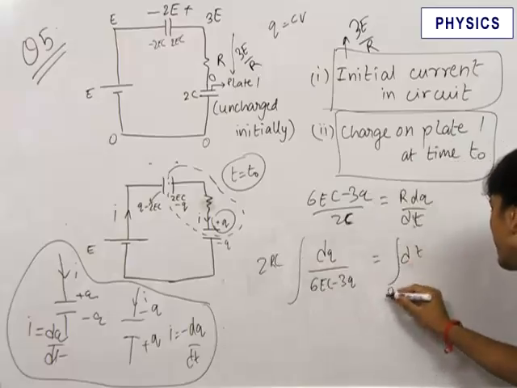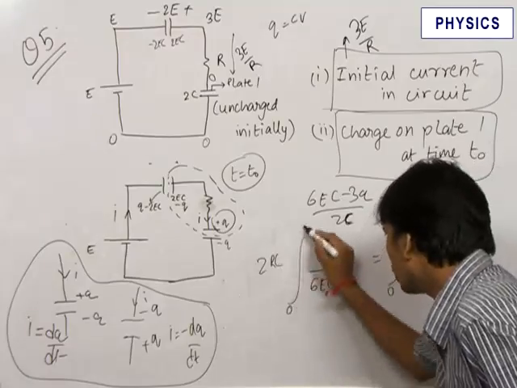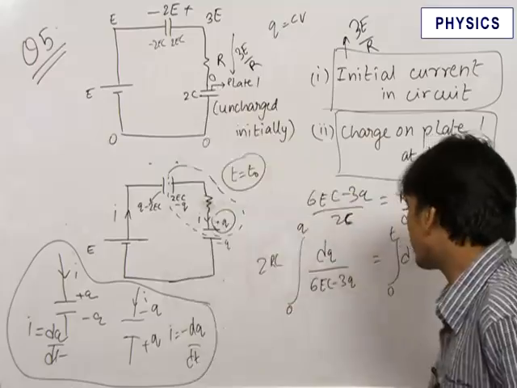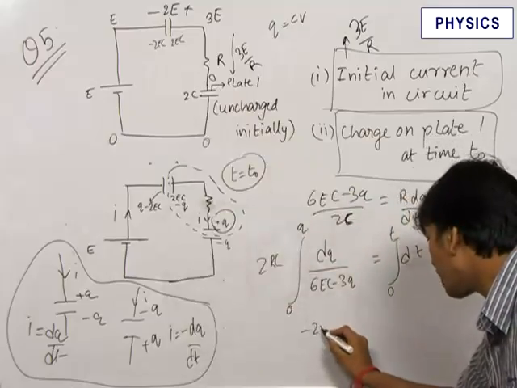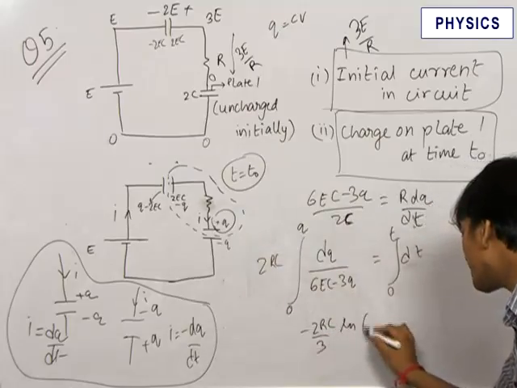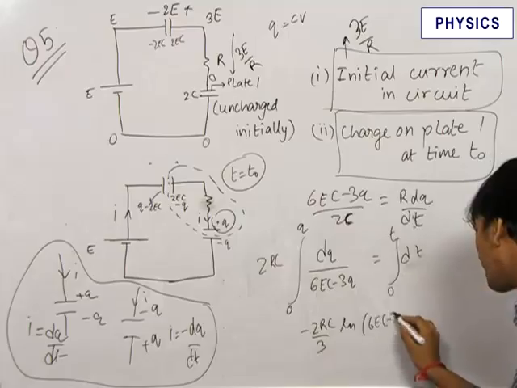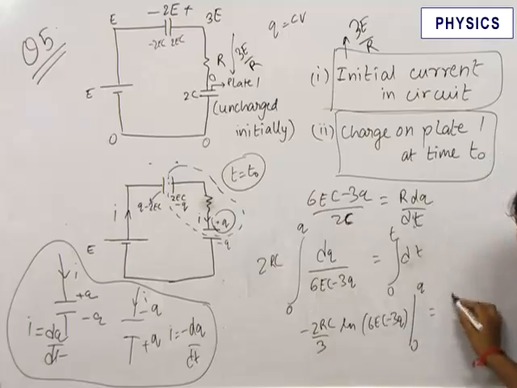We integrate dt from t equal to 0 to t equal to t. The limit over here will be 0 to Q, since the initial charge on this plate was equal to 0. On integrating this, we get minus 2RC upon 3 ln of (6EC minus 3Q), limits from 0 to Q. This is equal to t.